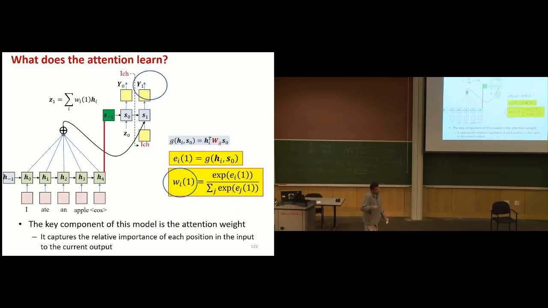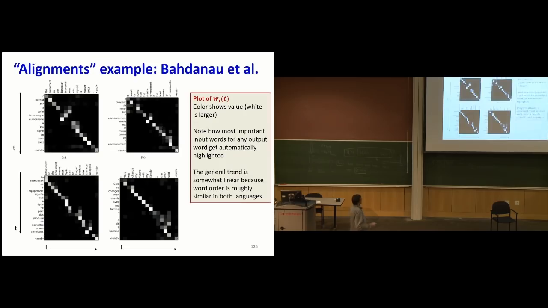So what exactly does this attention learn? Turns out that in order to produce each word, you're actually computing a weight over all of these inputs. And it turns out that when you actually plot these, you find some very interesting patterns. So this was examples from Bahdanau et al., where they were translating English to French.